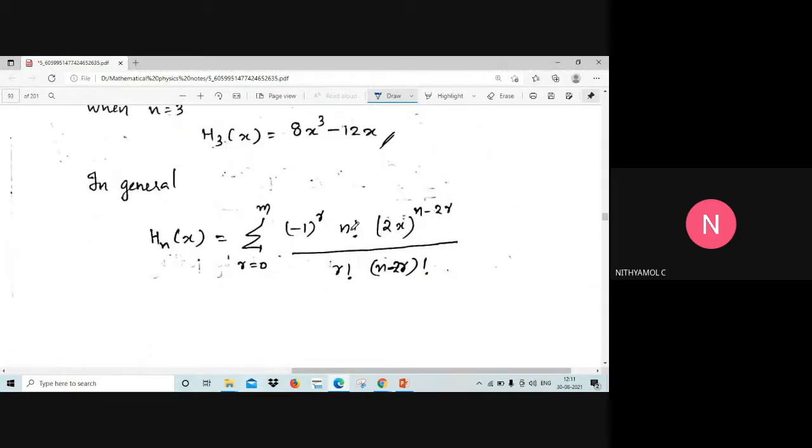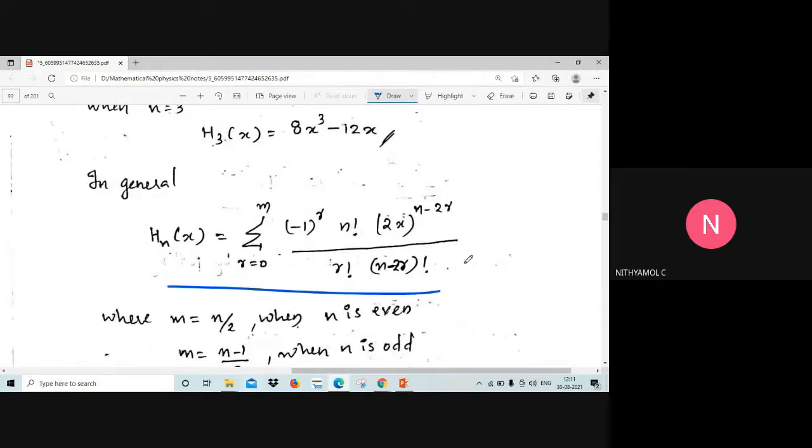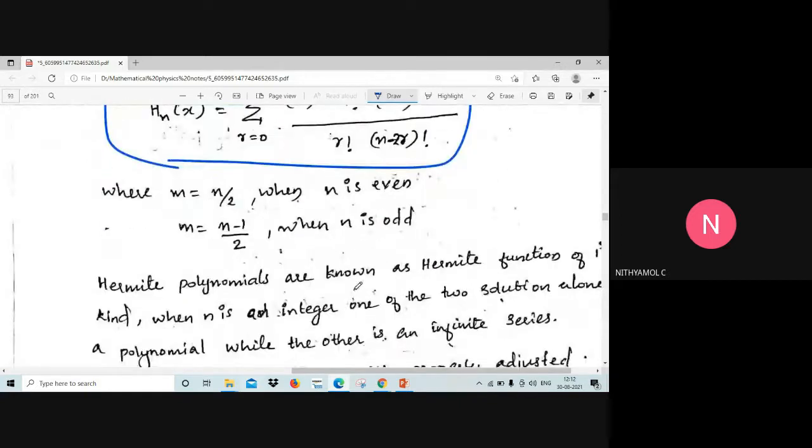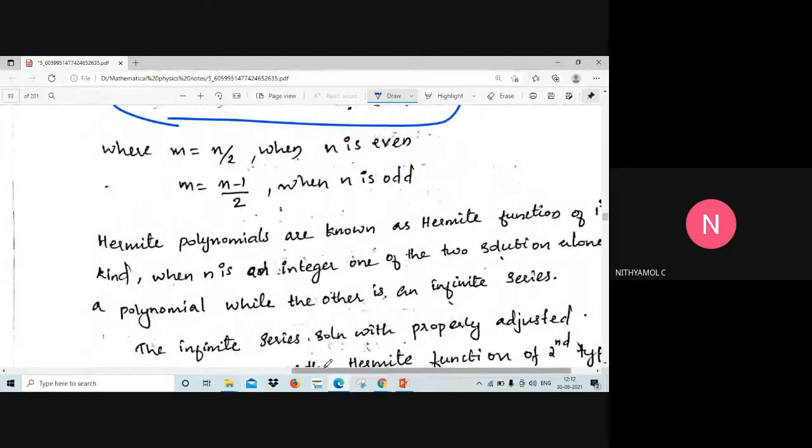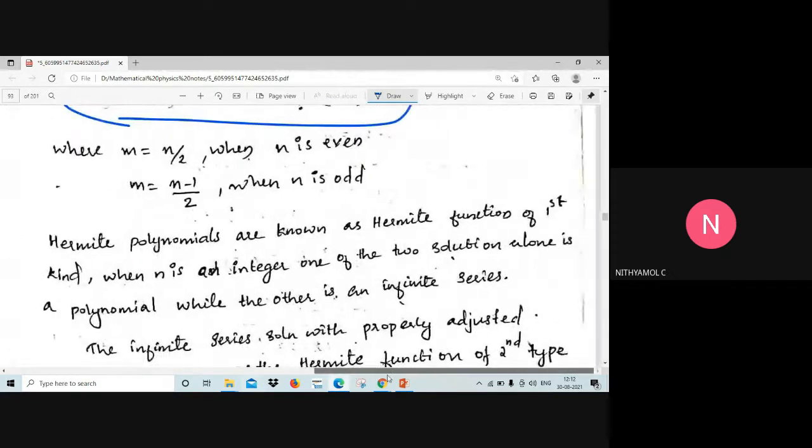So in general, H_n of x is equal to summation over r equal to 0 to m of minus 1 raised to r, n factorial, 2x raised to n minus 2r, divided by r factorial into n minus 2r factorial. Hermite polynomials are also known as Hermite function of first kind.